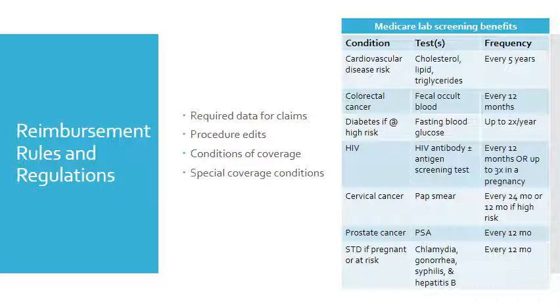And then we have what are called procedure edits. So again, those codes that we have can frequently be modified in some way to suit the circumstances that they were performed under. You have basic edits, which evaluate the procedures that were performed and determine if the frequency of those procedures was appropriate.